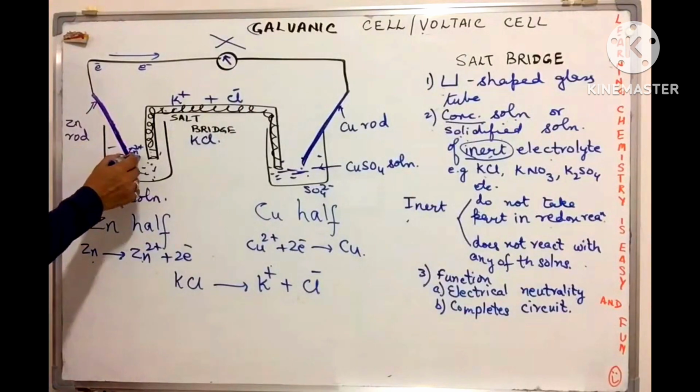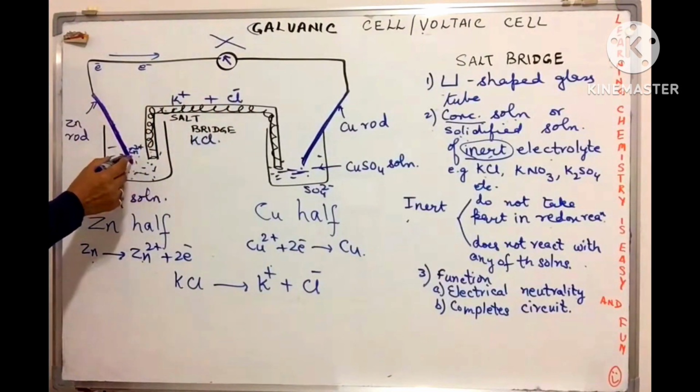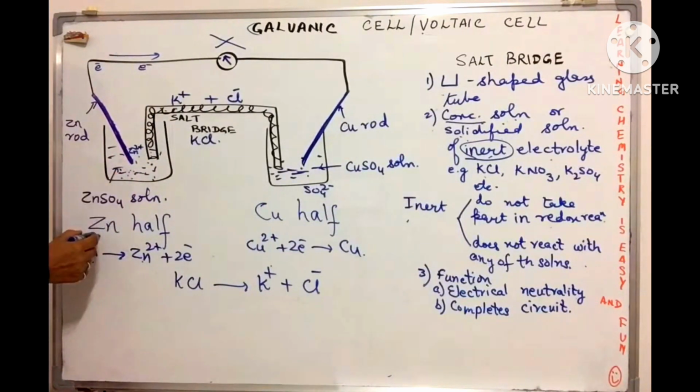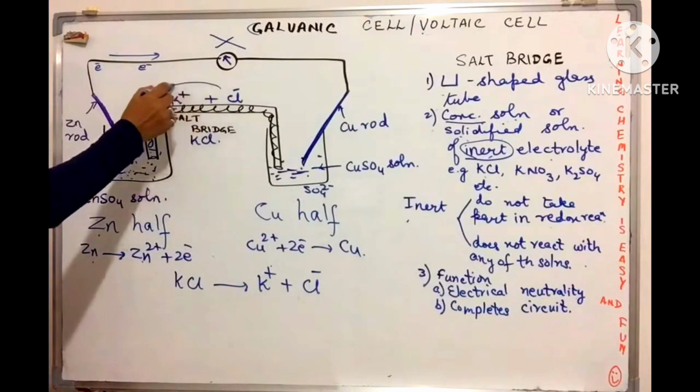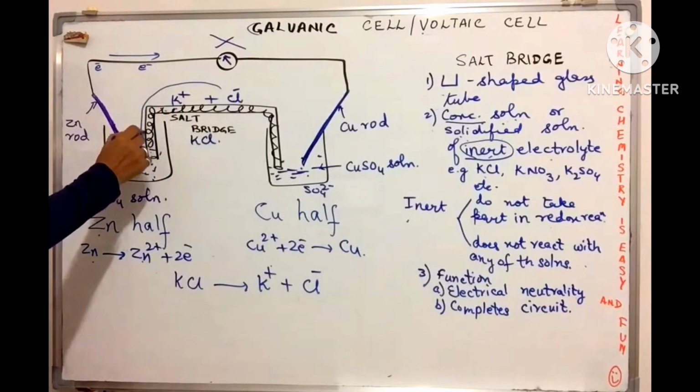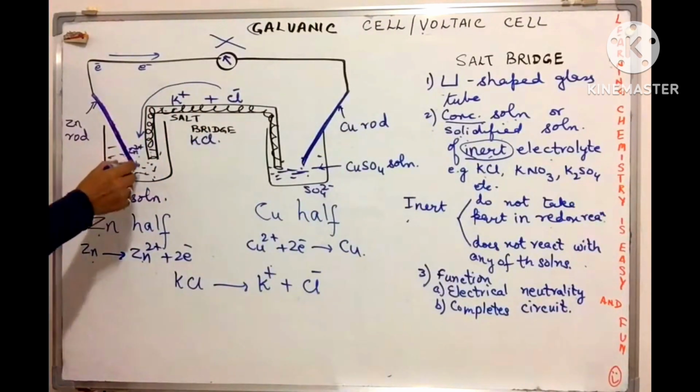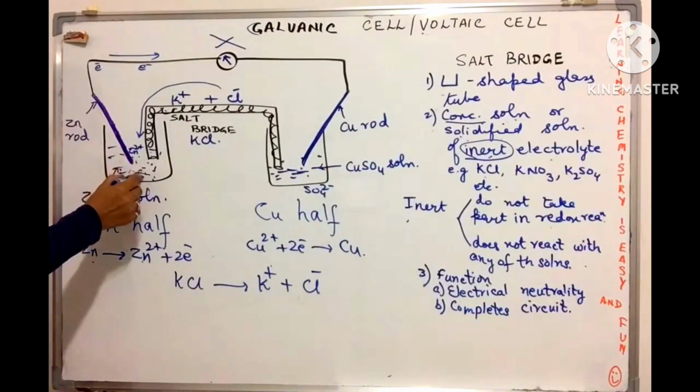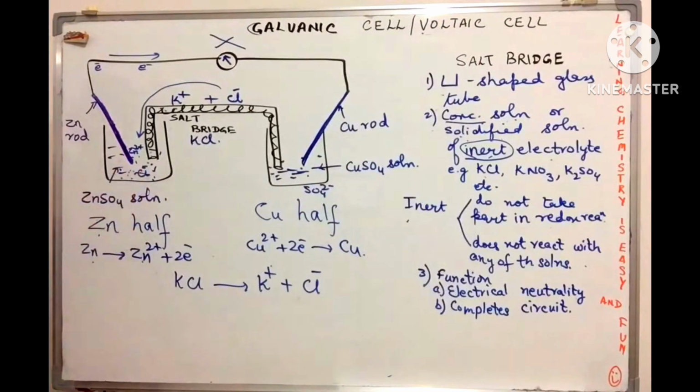As soon as the chloride ions see that there is a buildup of positive charge in the left half of the cell, the zinc half, they start moving towards zinc. When they move into the solution, there are zinc ions and chloride ions in the solution, so that buildup begins to reduce.